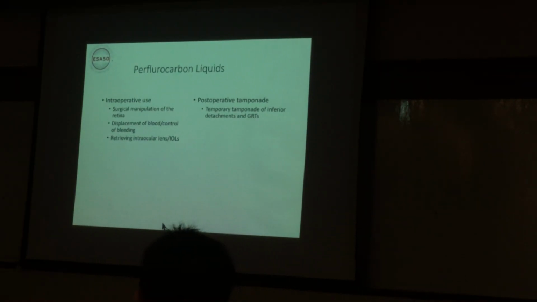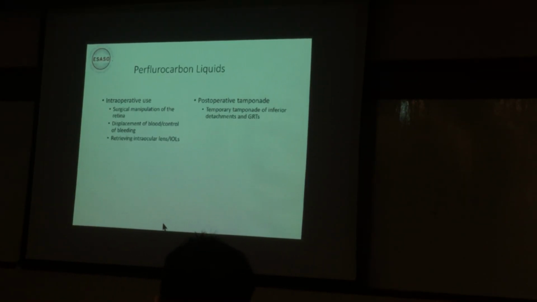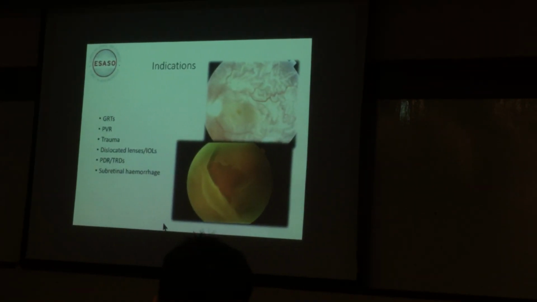So it's used, as I mentioned, mostly by us as an intraoperative tool for surgical manipulation of the retina to displace blood, control bleeding, and in certain conditions to retrieve intraocular lenses or intraocular lens implants. As a temporary postoperative tamponade of inferior retinal detachments and giant retinal tears, it is used by some.